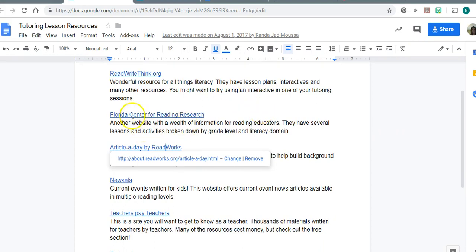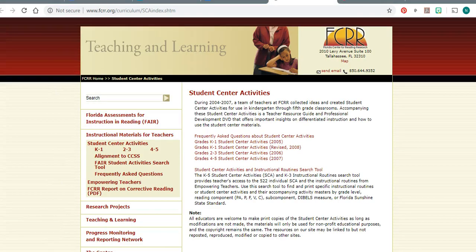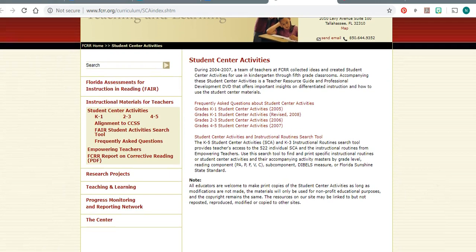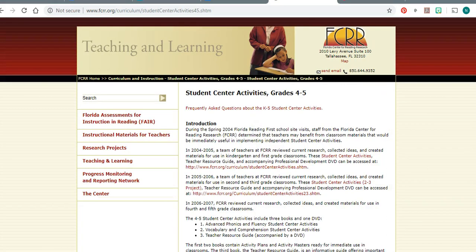The first one is this Florida Center for Reading Research. If you click on that, it'll bring you here. And you can just click on one of these. It's K, 1, 2, 3, 4, 5. Let's say 4 or 5 and see what's there. And you have to scroll all the way down.